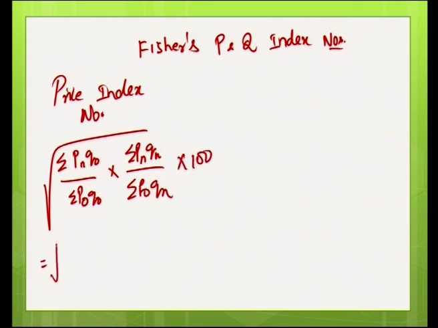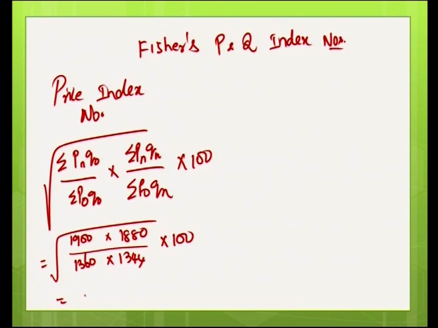So, the values when you substitute is 1900 into 1880 by 1360 into 1344, into 100. The answer is 139.79. This is price index number.